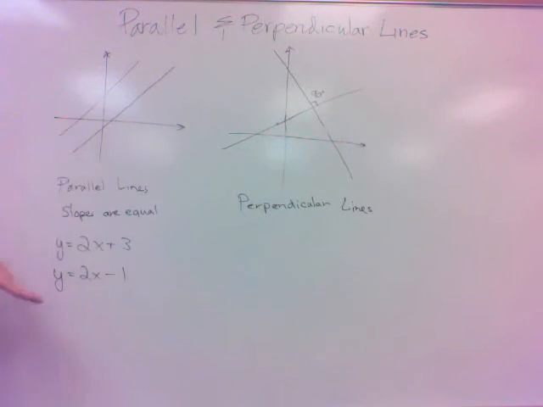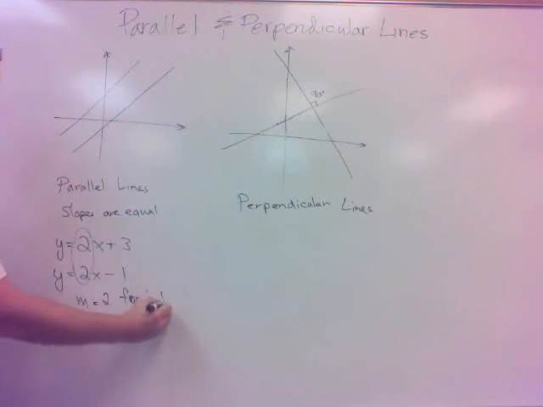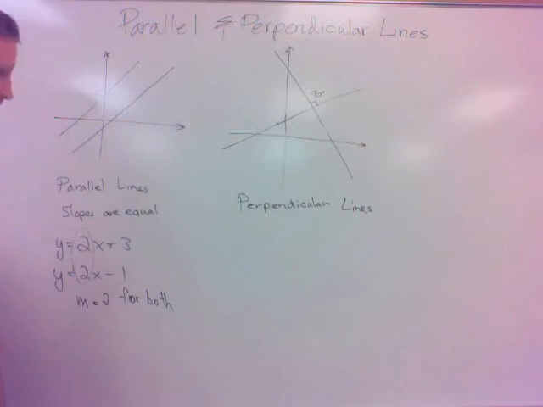Y-intercept of 3, y-intercept of negative 1, and positive slope. So if we have the y equals mx plus b lines, obviously your slopes are going to have to be exactly the same for parallel lines. This one has a slope of 2, and this one has a slope of 2. Both of those have slope of 2. So those are parallel. Okay?